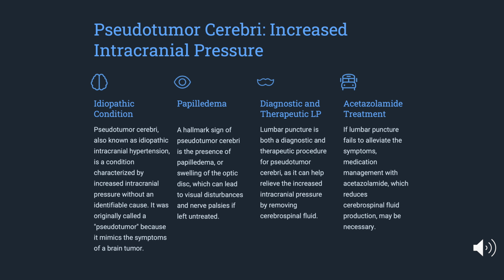Acetazolamide, a medication that reduces cerebrospinal fluid production, is commonly prescribed to manage pseudotumor cerebri and alleviate symptoms. Given the potential for visual impairment and neurological sequelae, early recognition and appropriate management of pseudotumor cerebri are paramount in preserving visual function and optimizing patient outcomes.